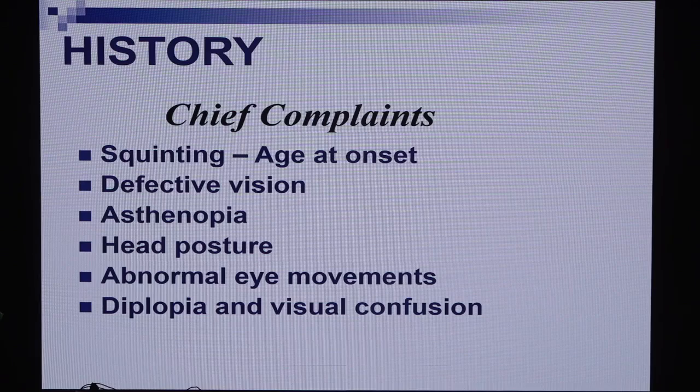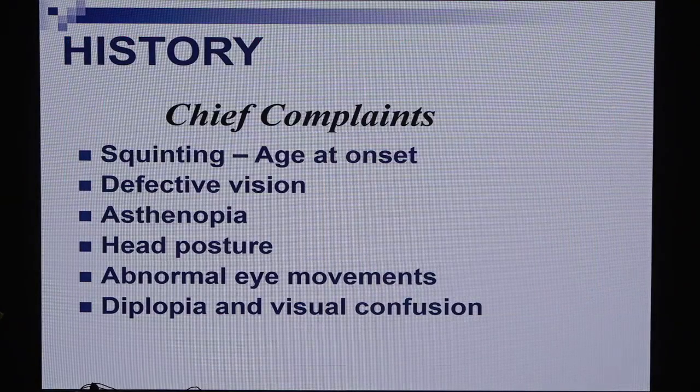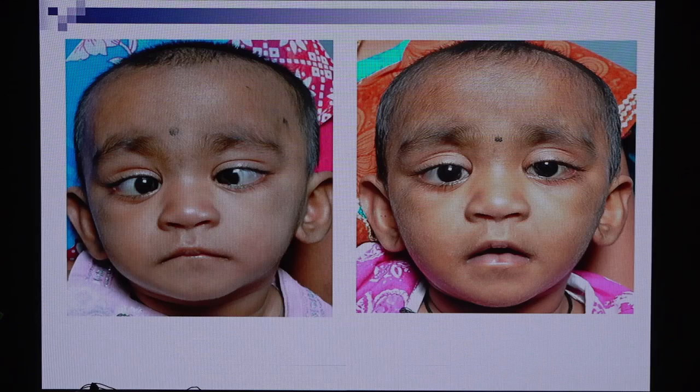Diplopia and visual confusion are very, very important. When we go into diplopia, we need to know what kind of diplopia, whether it is monocular, binocular, vertical, horizontal, torsional, or a combination of these, and any particular position that tends to alleviate the diplopia. So evaluation of diplopia is very, very important, and accordingly we manage these patients.